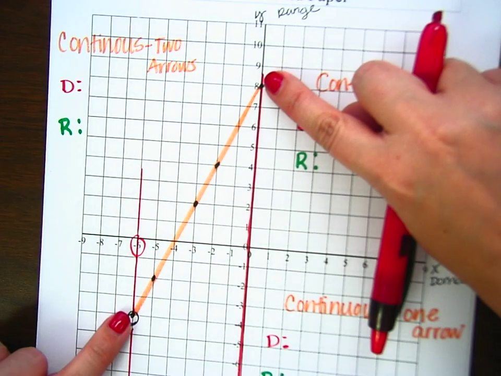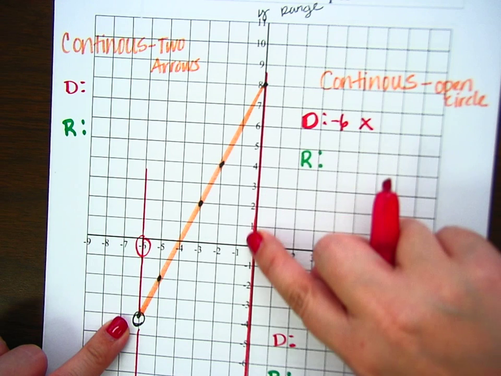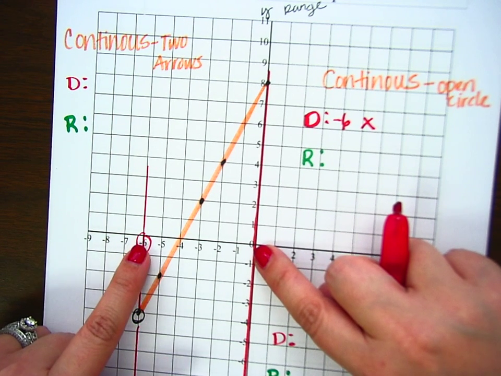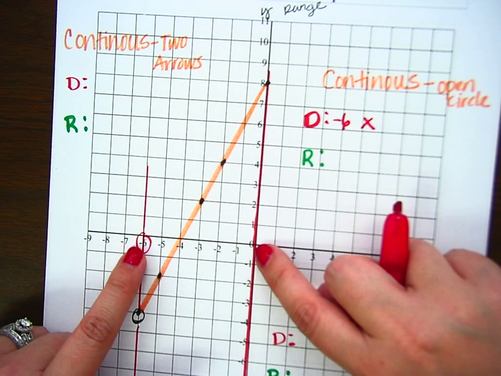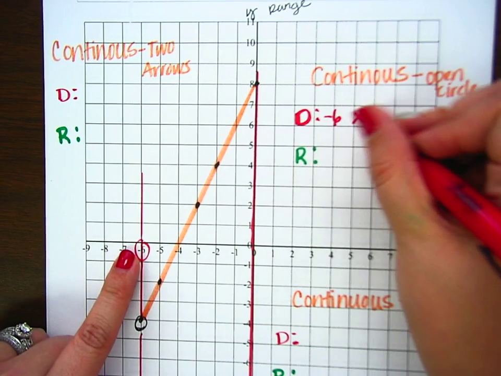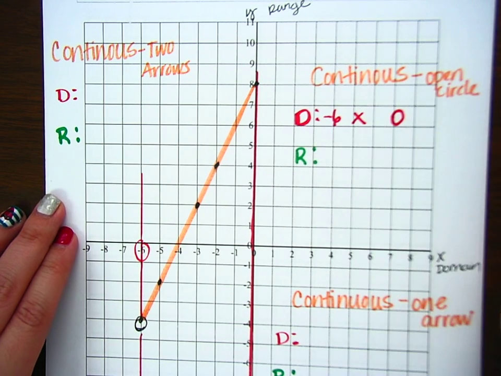So there are the two ends of my graph, my minimum and my maximum. My maximum is at 0. So anytime you're looking at domain, you want to follow down to the x-axis so that you can find the minimum and the maximum value. Okay, so my x values are going from -6 and ending at 0.